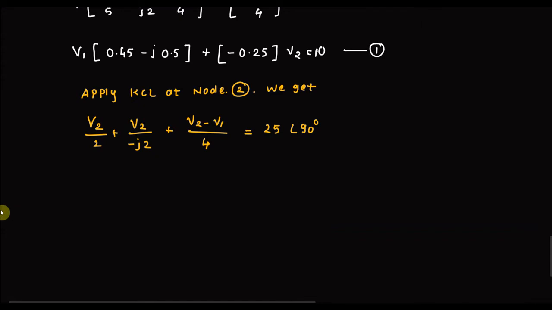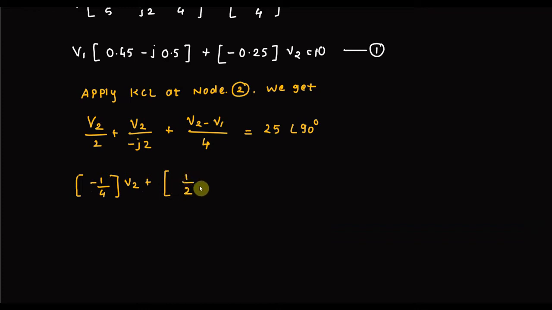Now collect all the terms of V1 and V2. This will be minus 1 upon 4 V1, plus (1 upon 2 plus 1 upon minus j2 plus 1 upon 4) V2. This should be equal to 25 at an angle 90.